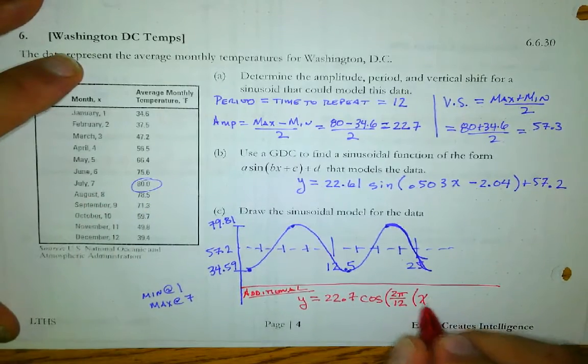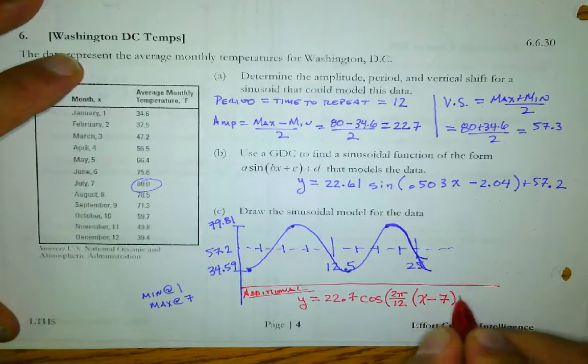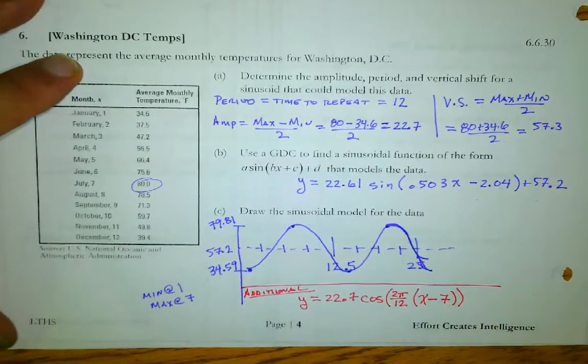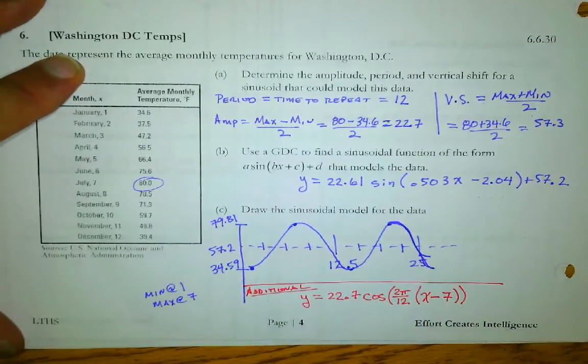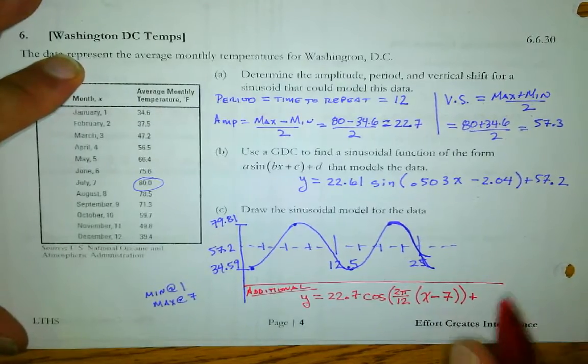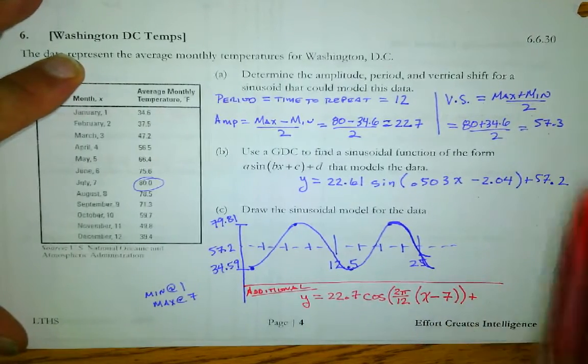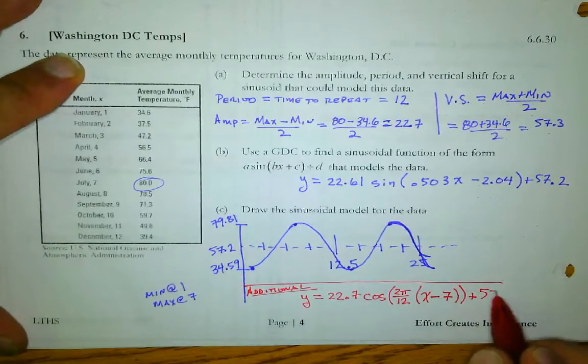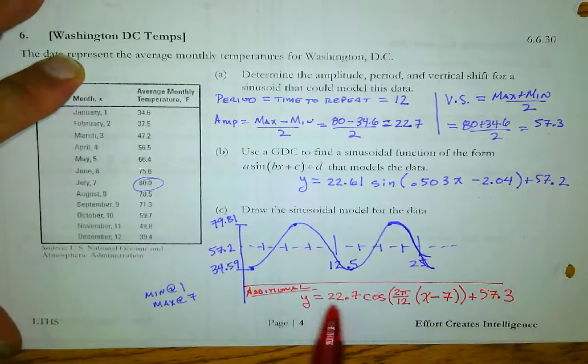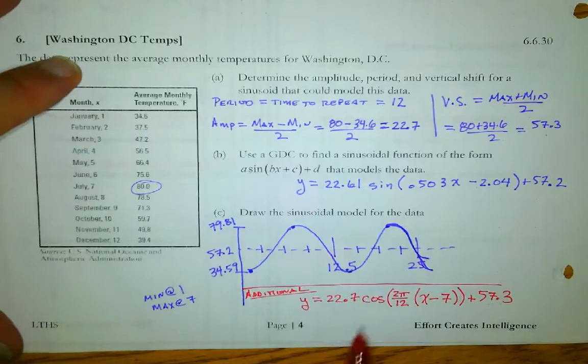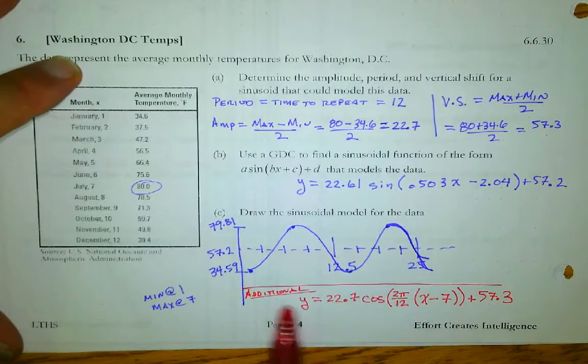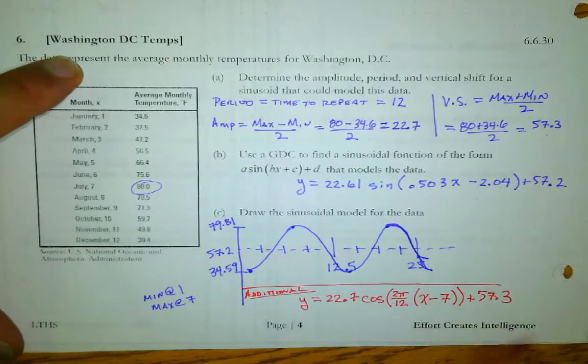So x minus 7, close parentheses, and then say plus, right, that vertical shift, 57.3. So this is how I could get that information without a calculator, right, and have a similar piece.